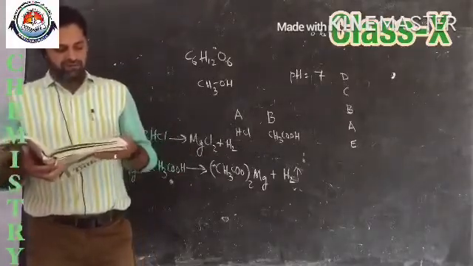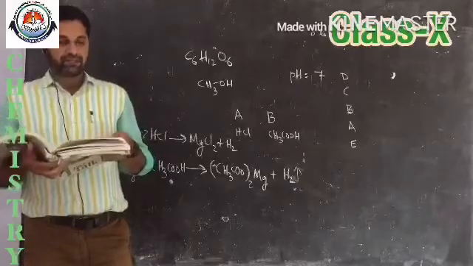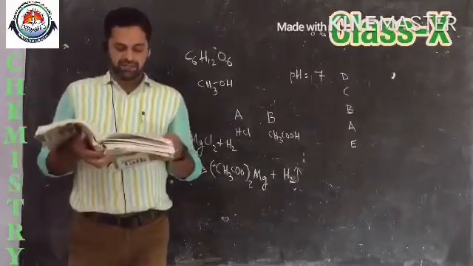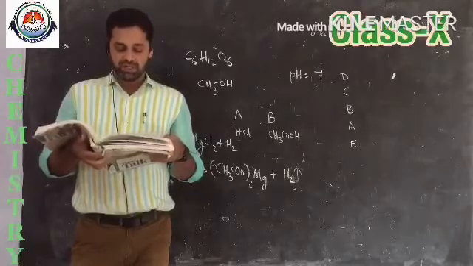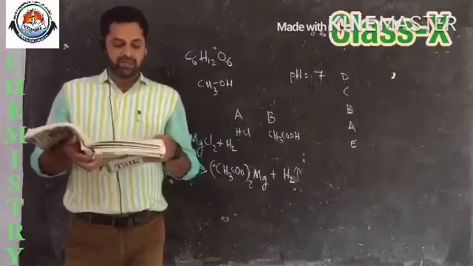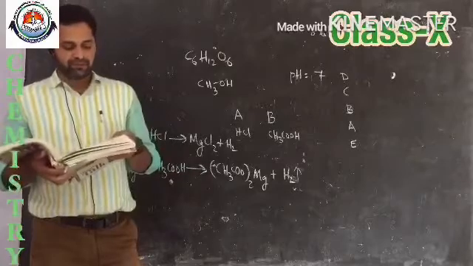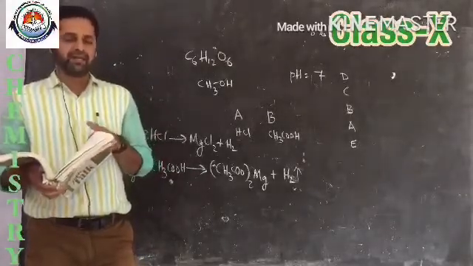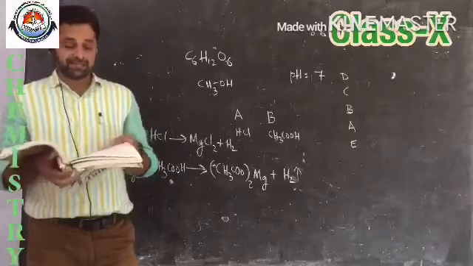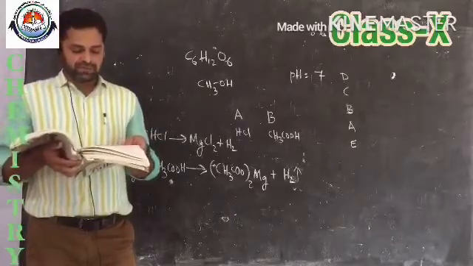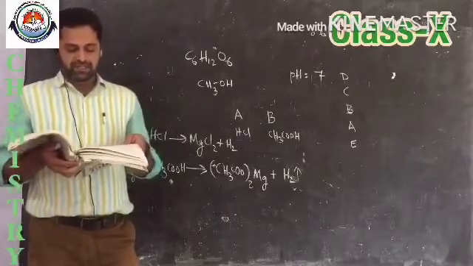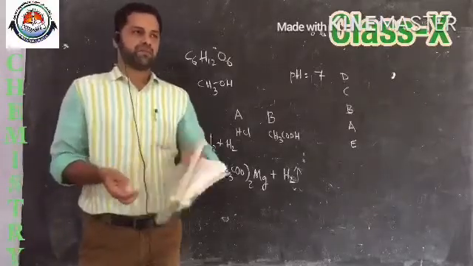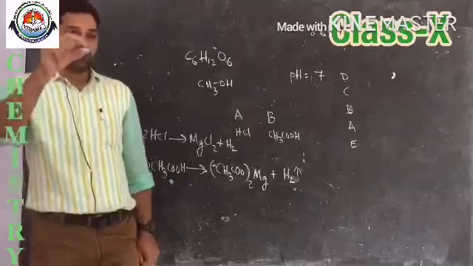Question number 11. Fresh milk has a pH of 6. How do you think the pH will change as it turns into curd? Explain your answer. So fresh milk has a pH value of 6, which means it is slightly acidic.